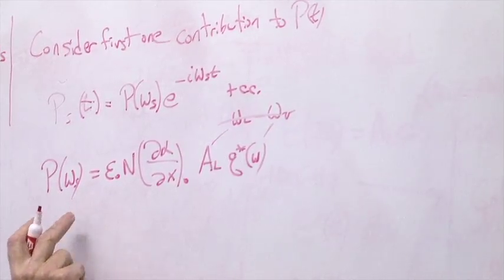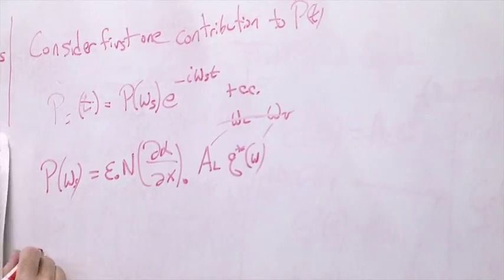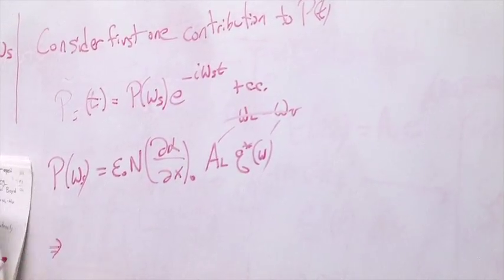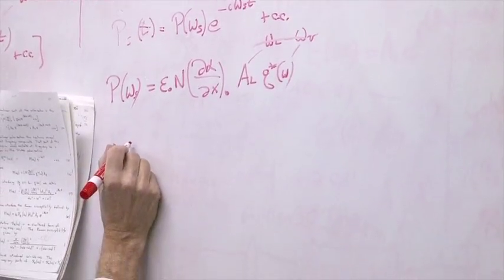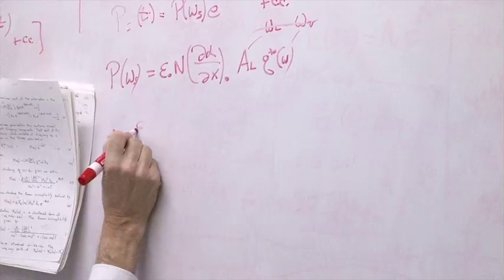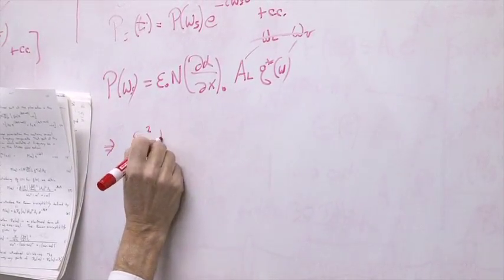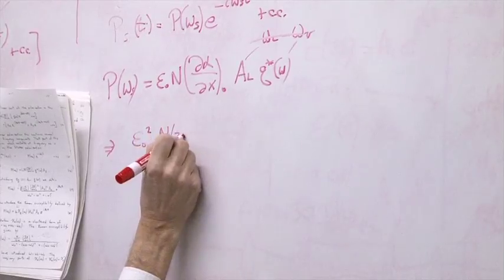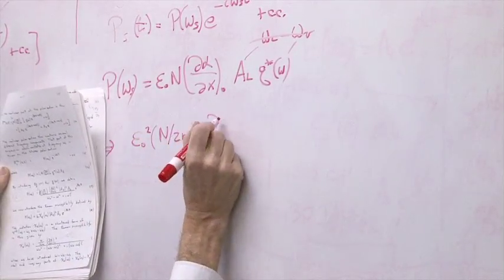And then, let's see, put all of this together. You put all of this together, and you get, I don't believe it, but this is what you get, n over 2m, epsilon 0 squared. Maybe I do believe it.